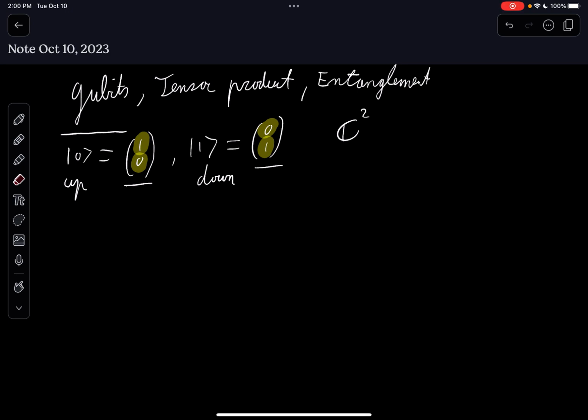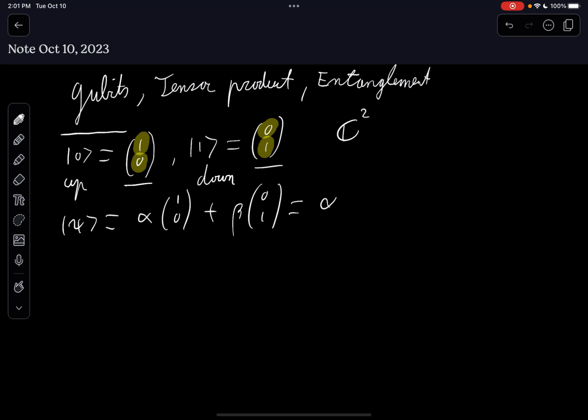In particular, if I take any state, let's call such a state psi, I can always rewrite it as some coefficient alpha times the vector (1, 0), which is just the 0 state, plus beta times (0, 1). This psi is really just an arbitrary state. I haven't specified anything, except that it has these parameters alpha and beta in front of the 0 and the 1.